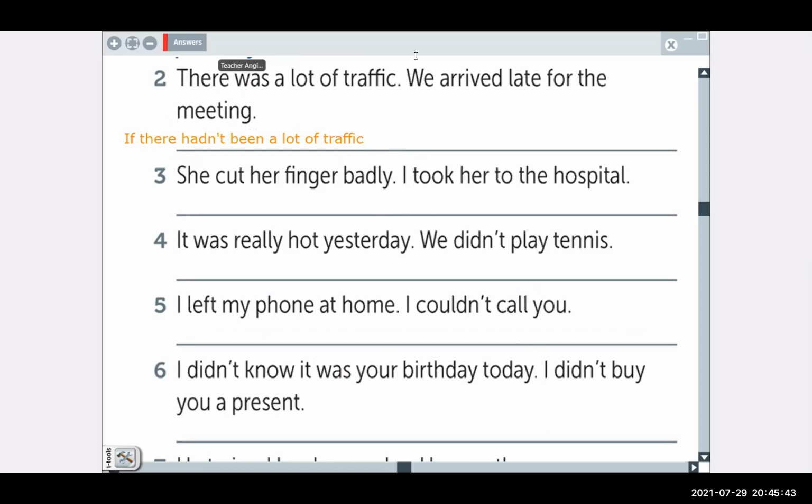We wouldn't have arrived late for the meeting. Very good. We wouldn't have arrived late for the meeting.